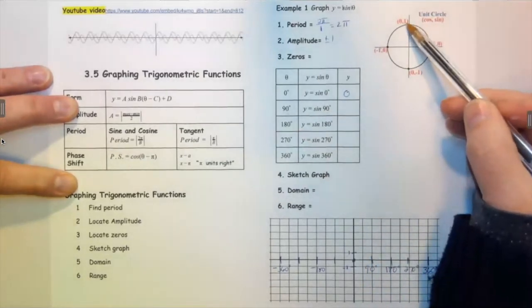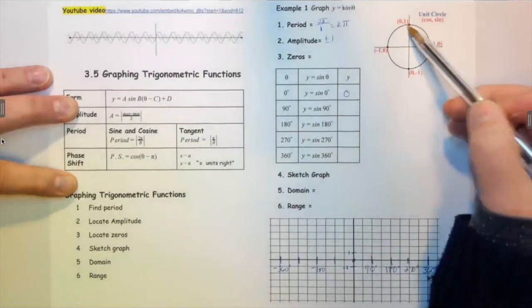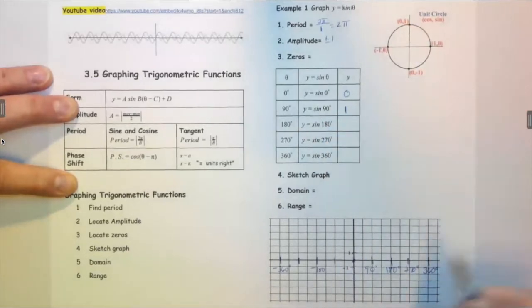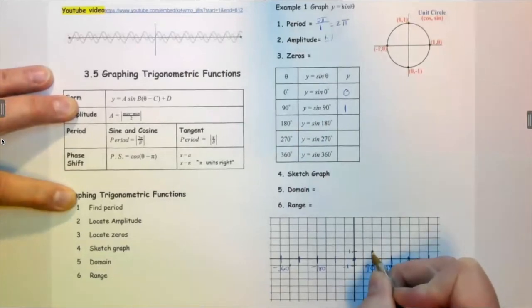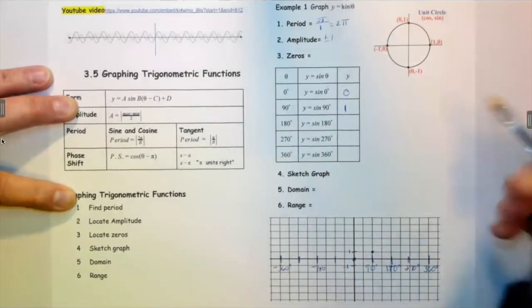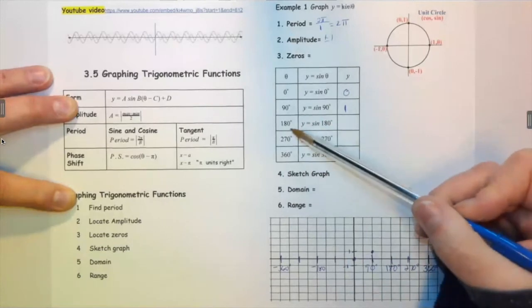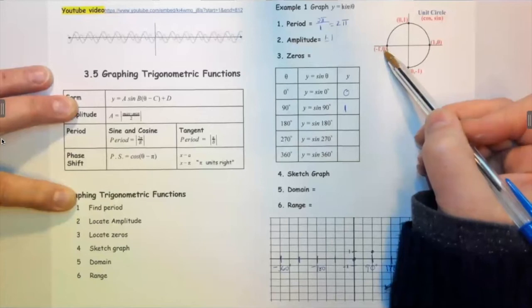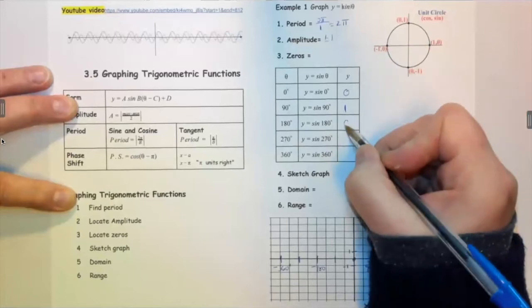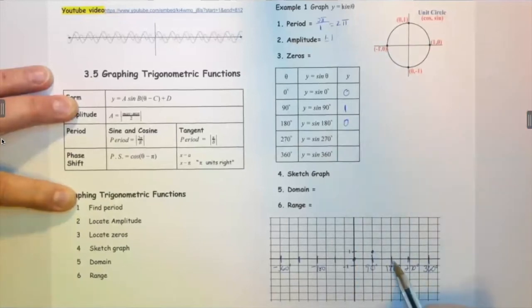At 90 degrees, sine is 1. On the graph, at 90 degrees, sine is 1. At 180 degrees, what is sine at 180 degrees? Sine is 0. On my graph, at 180 degrees, sine is 0.